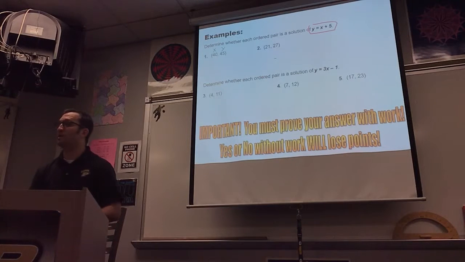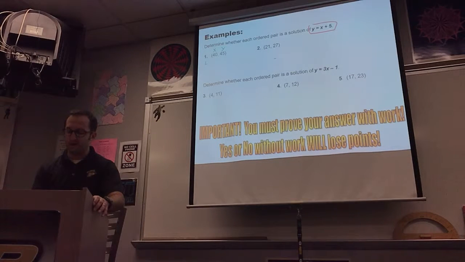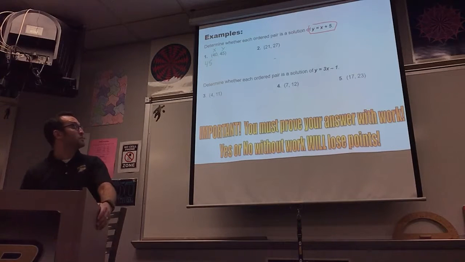45. So we have an equation with both an x and a y. Do you see the x? Do you see the y? There's the x. There's the y. What should I do with this x and this y? Plug it in. I'm going to substitute, which means to replace. So my y value, which is 45, is going to replace the y value in the equation.